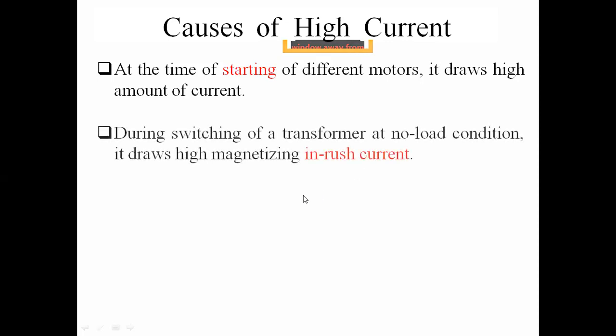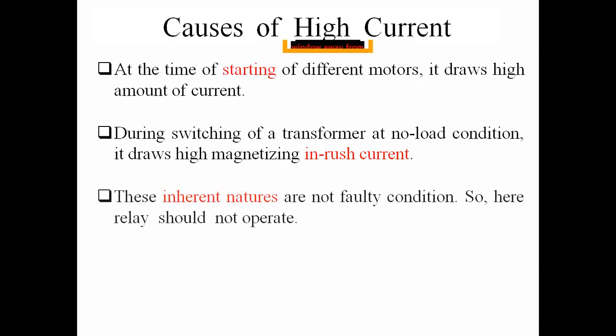The second one is the transformer. During switching of a transformer at no load condition, it draws a high amount of magnetizing inrush current. These are high values of current, which are not abnormal or fault current.